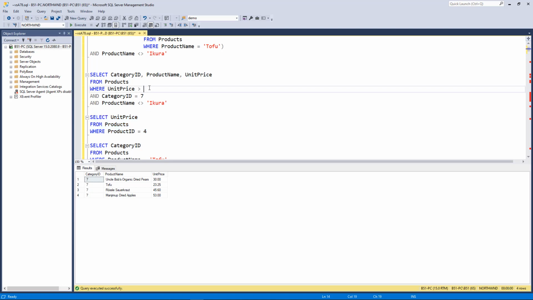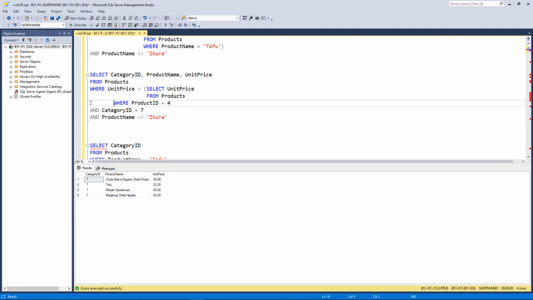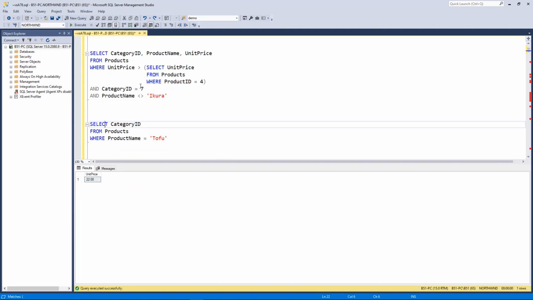So what we do, we erase the 22 and instead we insert this subquery. We need to remember parentheses, and here this is the query close parentheses. So we have the first filter. Instead of 22, we answered subquery 22, and instead of 7, we don't want the number 7, we want the subquery that gave us the 7.